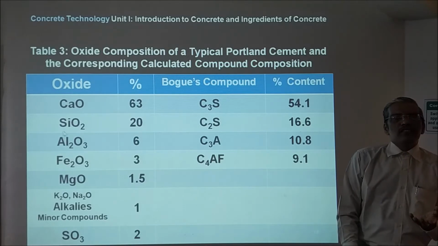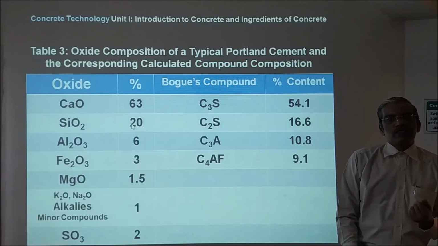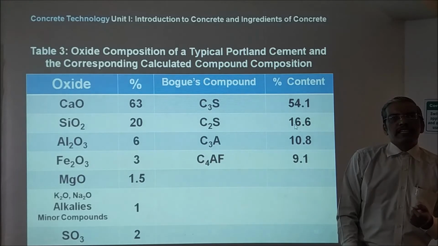Then the oxide SiO2, silica, is 20%. Dicalcium silicate C2S, the Bogue compound, is 16.6%. Then alumina Al2O3 is 6%. Tricalcium aluminate, Bogue compound C3A, is 10.8%. Iron oxide Fe2O3 is 3%. Tetracalcium aluminoferrite is 9.4%.